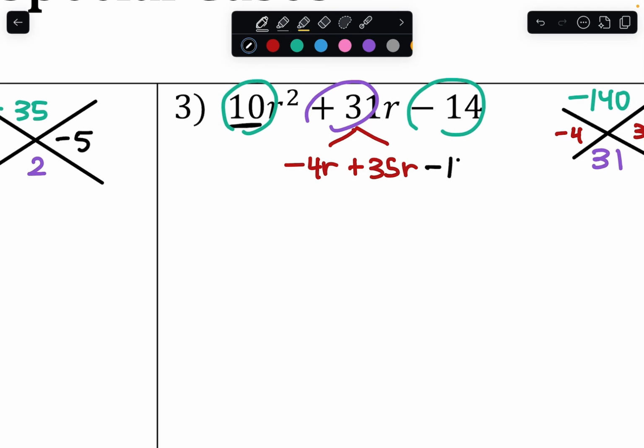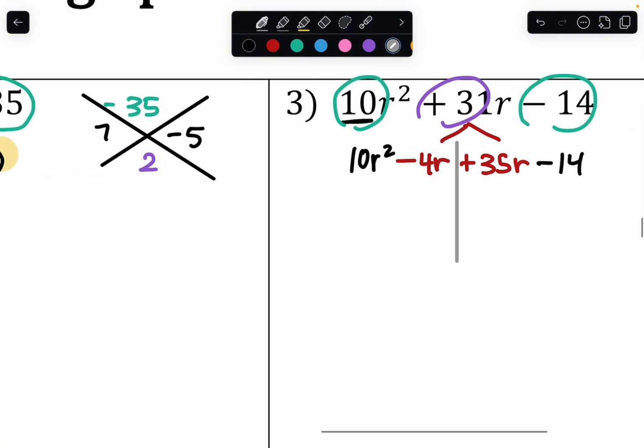So bring down your last term, bring down your first term, and you're looking for a GCF out of each pair. So looking at the first pair, both of those numbers are divisible by 2, and they both have an R. So 2R, and then when we actually do the division, we get 5R minus 2.